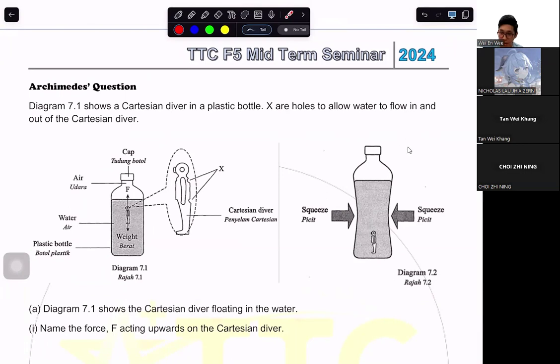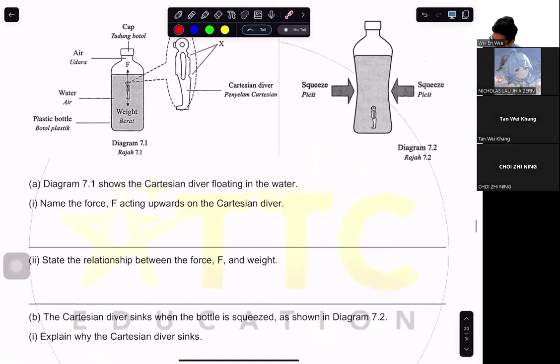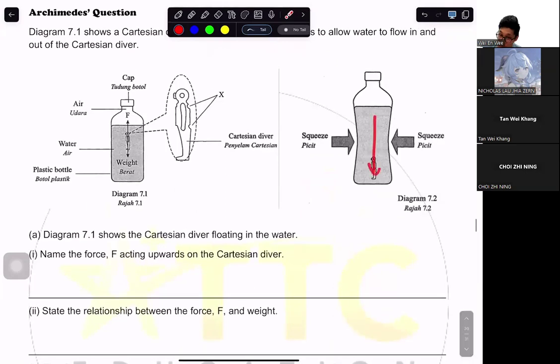When you squeeze the Cartesian diver, it will actually fall down. When you let go, it'll automatically float up again. So that's why I say it's mostly just a toy, but the concept is based on Archimedes' principle.